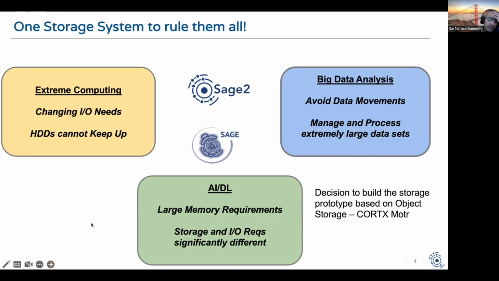CORTX Motr has been used in the SAGE and SAGE 2 projects. I'll very quickly provide a context of what was done during those projects, because they are natural precursors to the IO-SEA project as well.